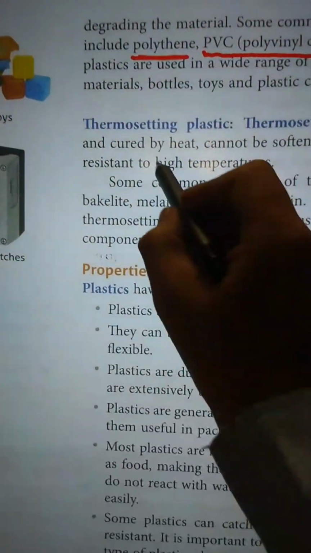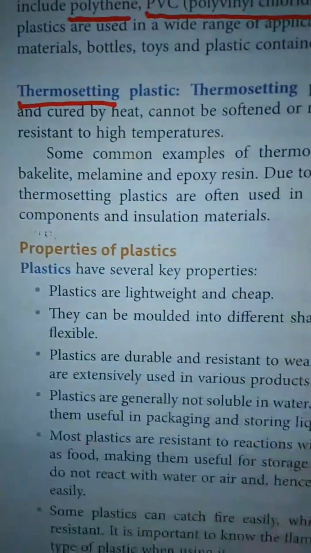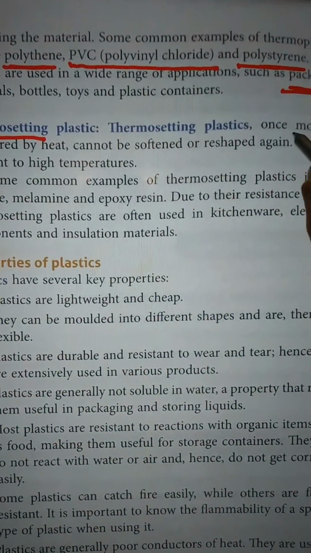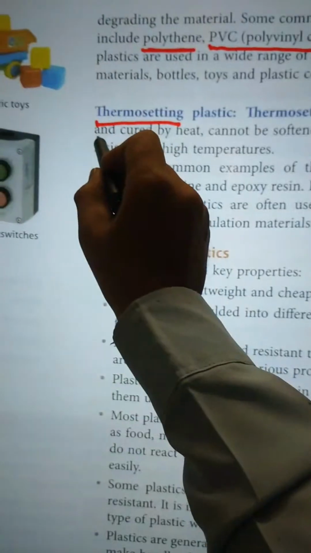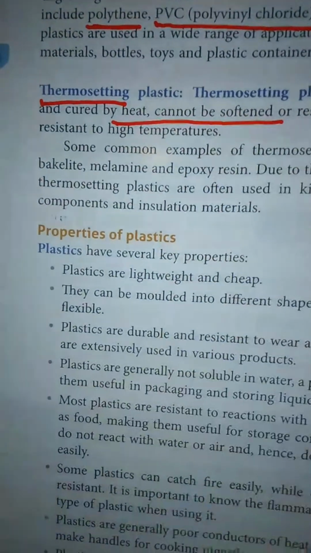Next type of plastic is thermosetting. Thermosetting plastics are those which, once molded and heated, cannot be softened.